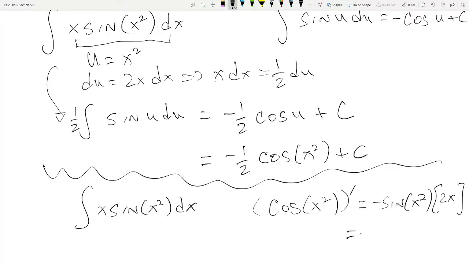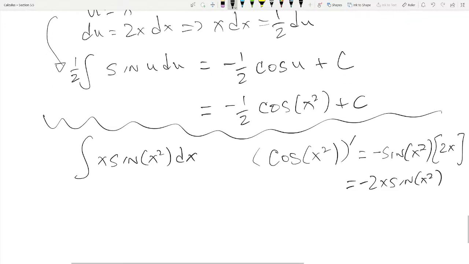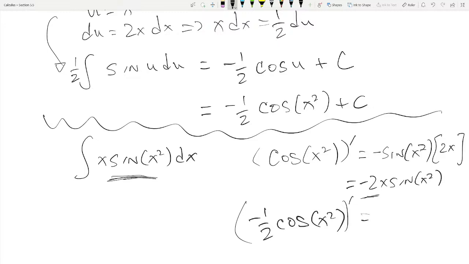So that gives me negative 2x sine x squared. Oh, shoot. What I wanted to get back to is this right here, and it's got this pesky negative 2. Oh, well, here's what we do. Let's just multiply both sides by a negative 1/2. So if I go negative 1/2 cosine x squared and take the derivative of that, then I would have just x sine of x squared. And there's my answer, you see.